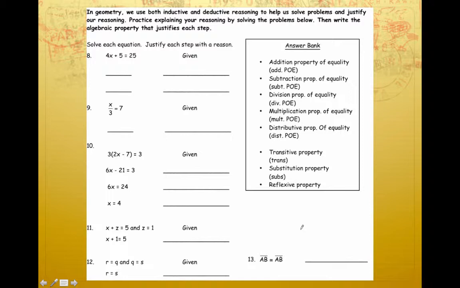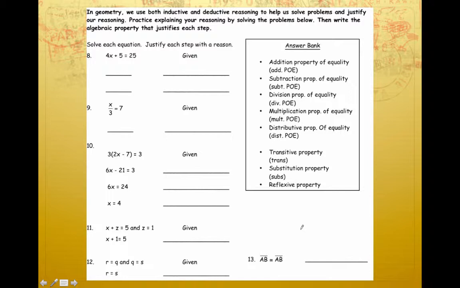Some of those things are, I can add the same thing to two sides of an equal sign and it's still equal. Well, if an equal sign's the middle of a scale, which it is, then that's true in life. If you add the same amount of weight to either side of the scale, if it was balanced before, it's balanced now. Same thing with subtraction, division, multiplication. The distributive property just says I can apply distribution on one side and it still stays equal. The transitive property is if A equals B and B equals C, then A also equals C. So if I'm equal to two different people, then those people are equal to each other.